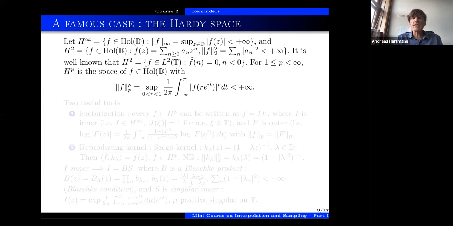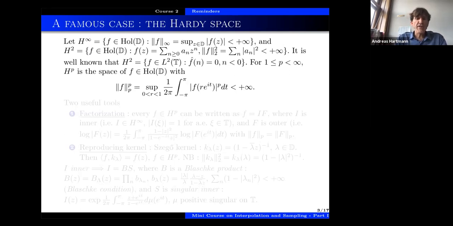And then you can consider Fourier series, and it turns out that H2 is exactly the space of those functions defined on the circle for which the negative Fourier coefficients are vanishing. And then there's, of course, also this definition based on dilating radii. So if this supremum is bounded, then the function is in the Hardy space. But I won't really use that.